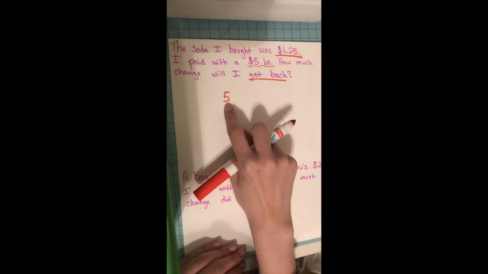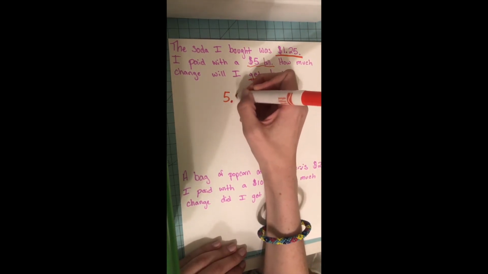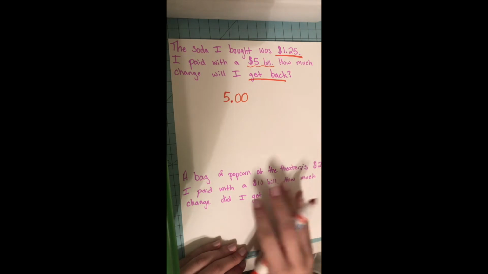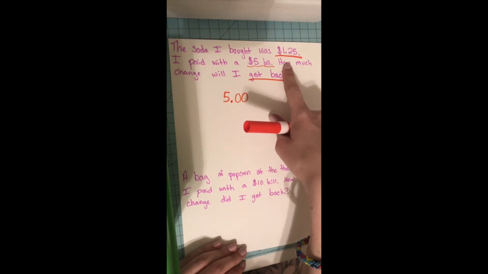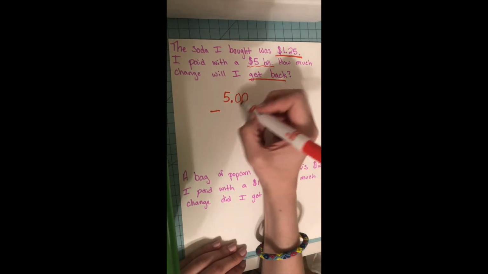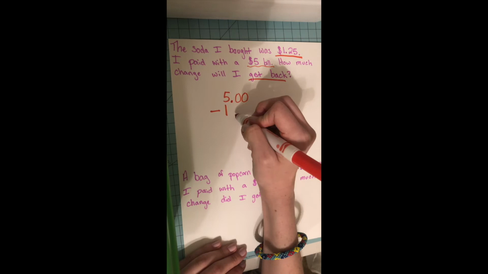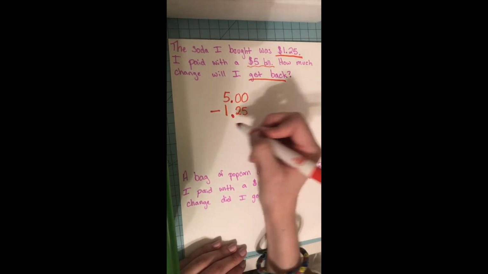And remember, when we are writing a dollar, we can do $5 and 0 cents. Well, the soda was $1.25. So we're going to go $5 take away $1 and 25 cents.